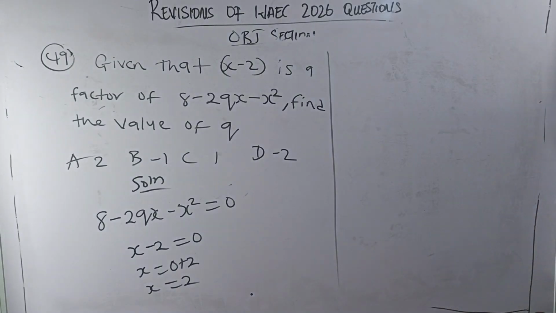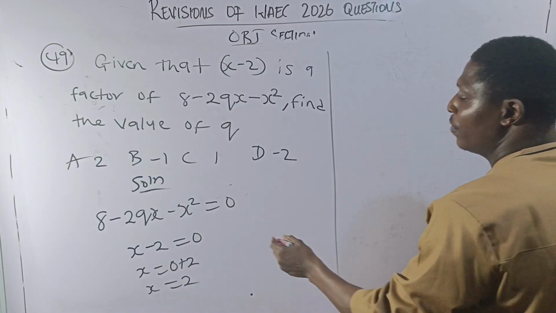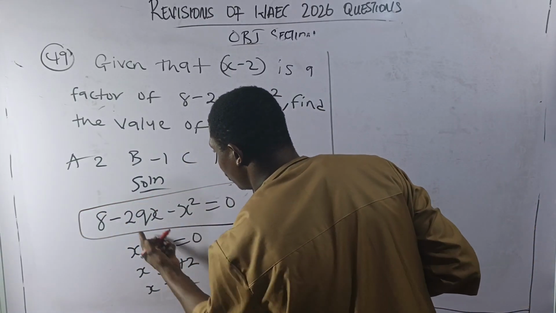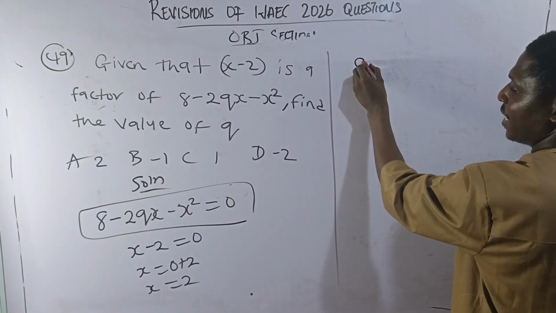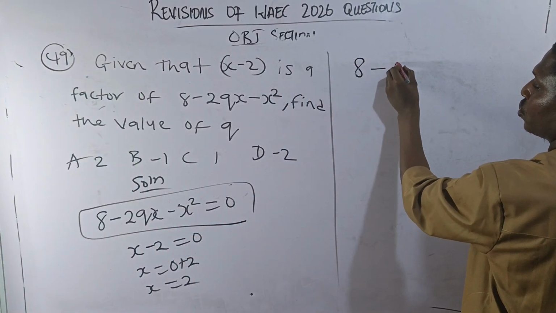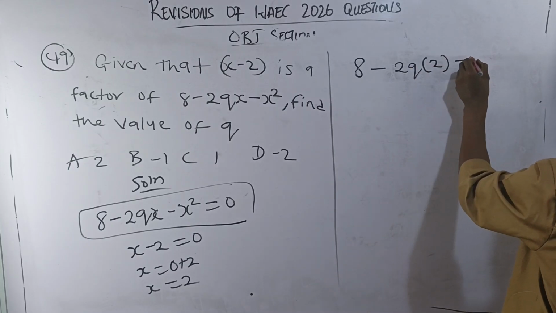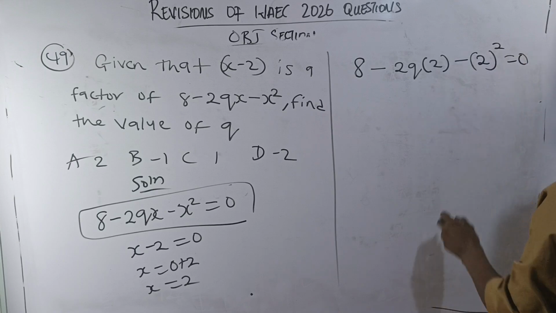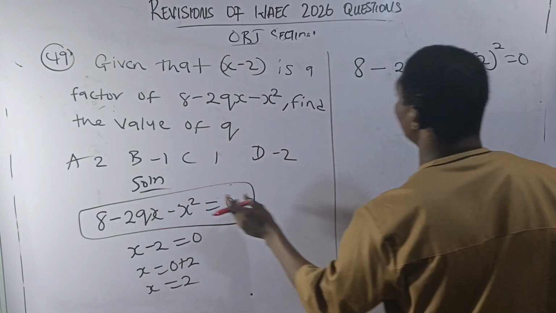Now we've gotten our value for x as 2, but we don't know our value for q, which we are asked to look for. We simply put our value of x into this equation to get our q. So we have 8 minus 2q in bracket 2 minus 2 in bracket squared equal to 0. We only substitute the value of x as 2 into this expression.